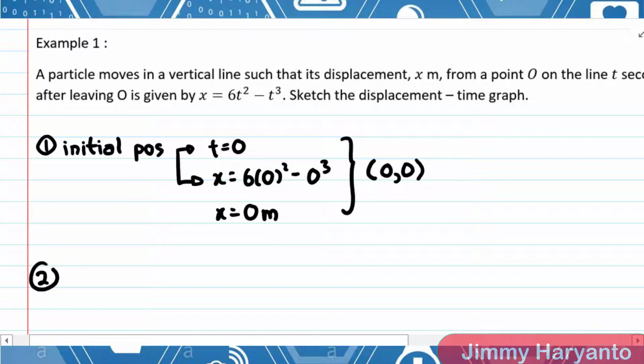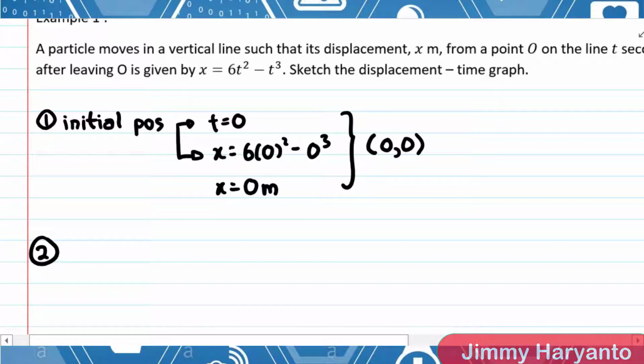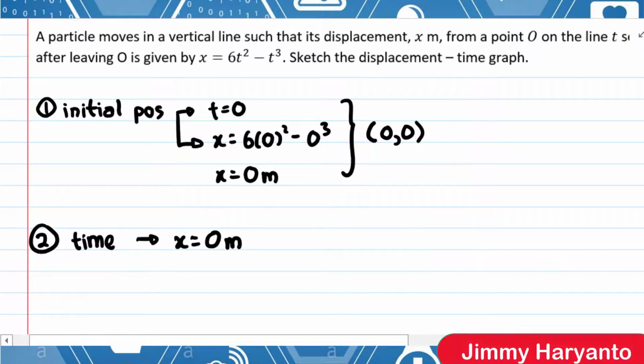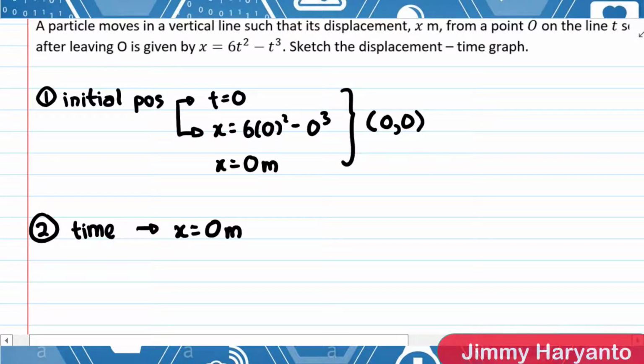Next is number 2. For number 2, we have to find the time when x equals 0 meters. So we know when the particle will go back to 0, or cut the x-intercept later.